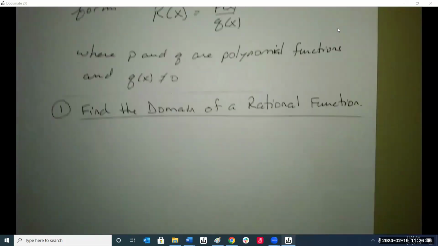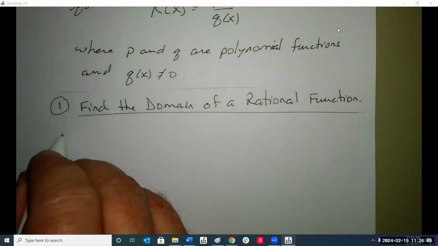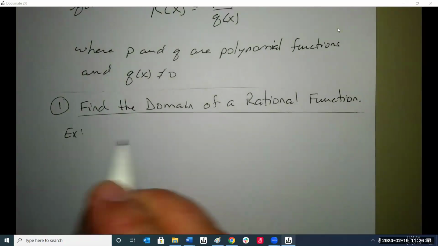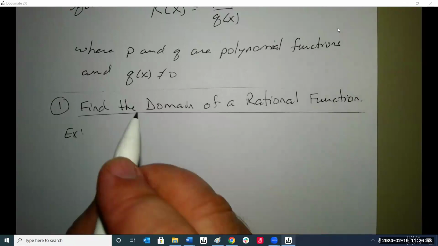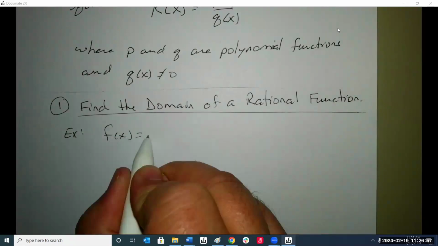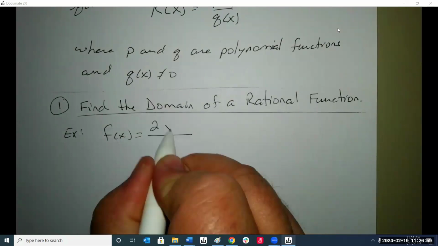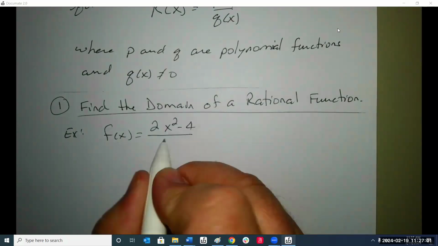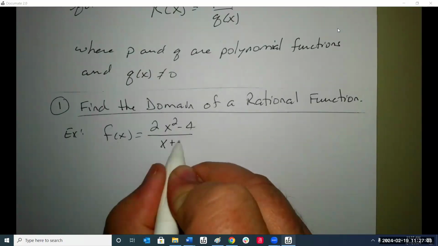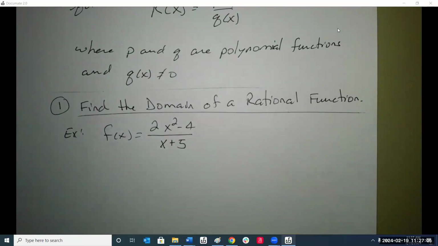So let's look at an example: 2x squared minus 4, over x plus 5. The rule is you cannot have a 0 on the bottom.